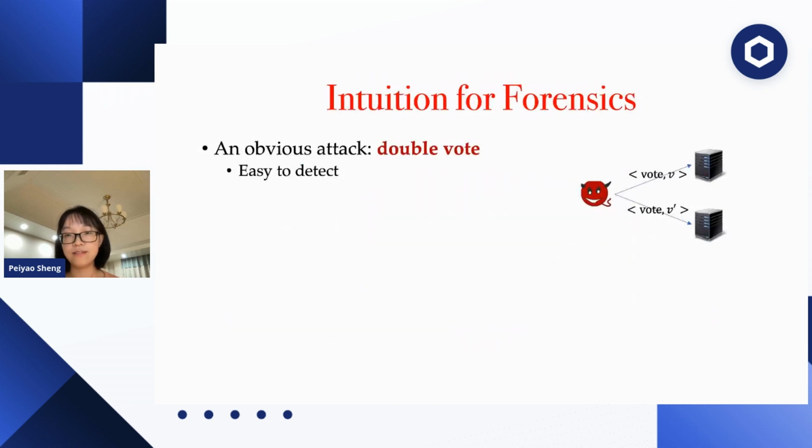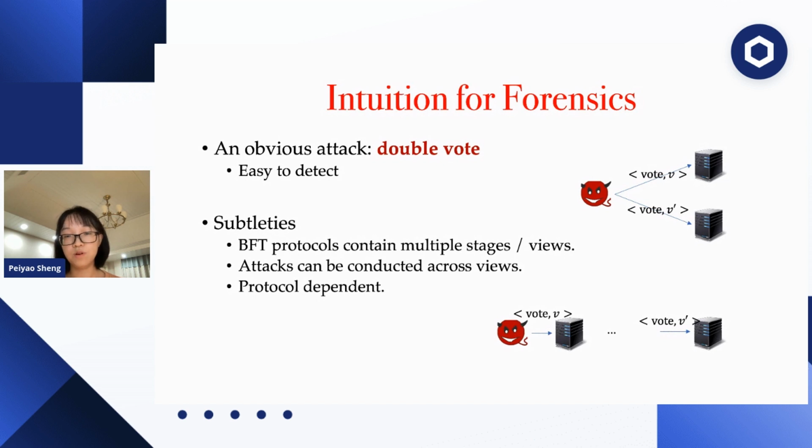When we think about forensics, we may first have an intuitive thought on this obvious attack, double vote. To detect double voting, we just need to collect all votes and count the number of conflicting votes. And since they are signed by the same replica, it's easy to get the cryptographic evidence. However, most BFT protocols are not just as simple as voting.